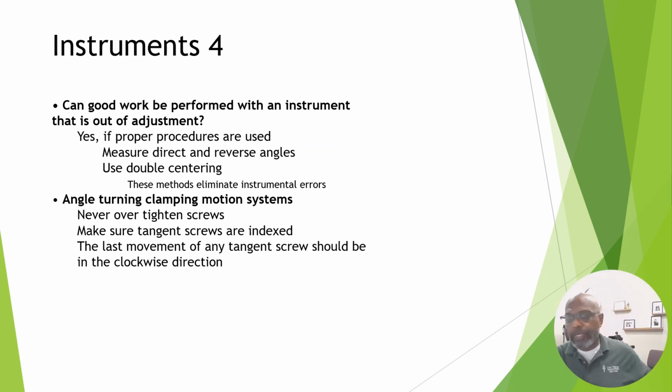So we're going to keep on looking at instruments and understanding what they're going through. Again, there are many different components that you find when you're out there. On page 515, we get into different practices of using a total station.